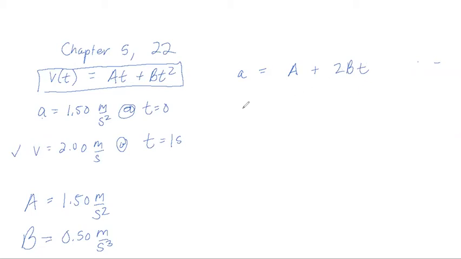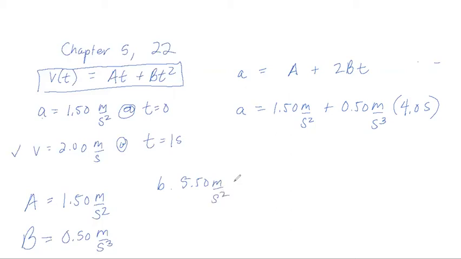So a equals 1.50 meters per second squared plus 2 times 0.50 meters per second cubed times 4.0 seconds. Let's see, what is my answer there? That is going to be 5.5 meters per second squared. So the answer to B is 5.50 meters per second squared.